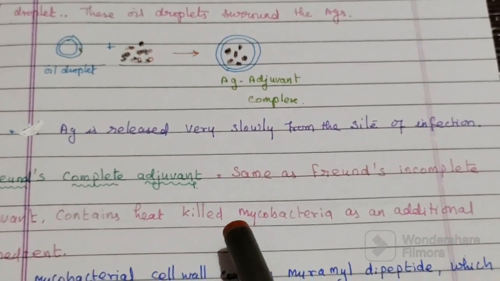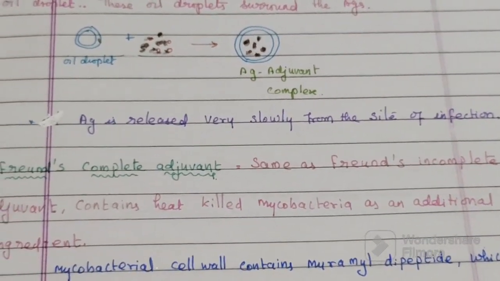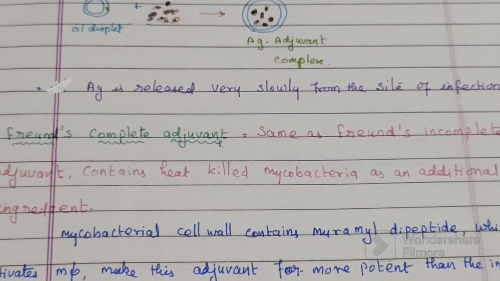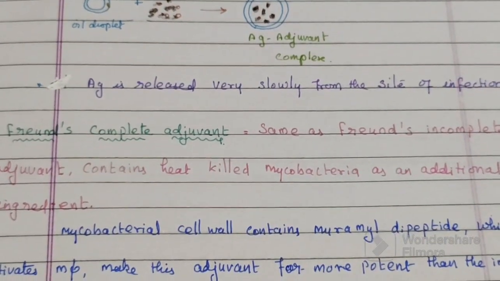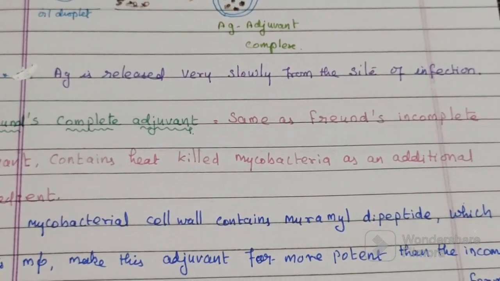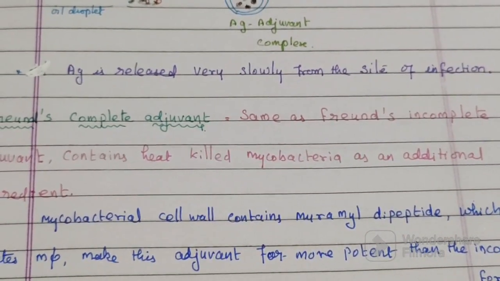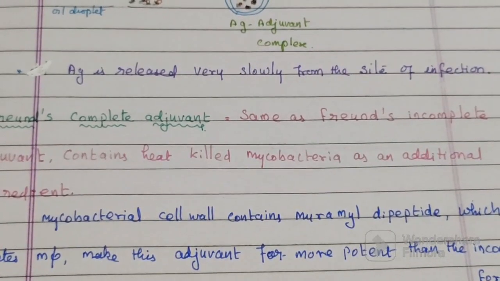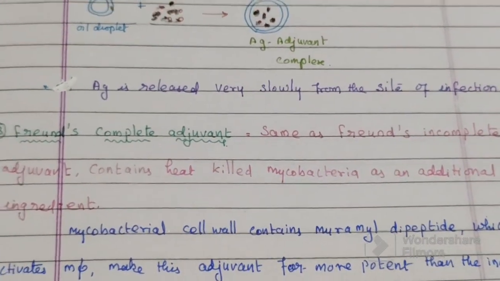It is almost similar to the incomplete adjuvant, where we use oil droplets, but in this case the extra thing is the heat-killed mycobacterium.